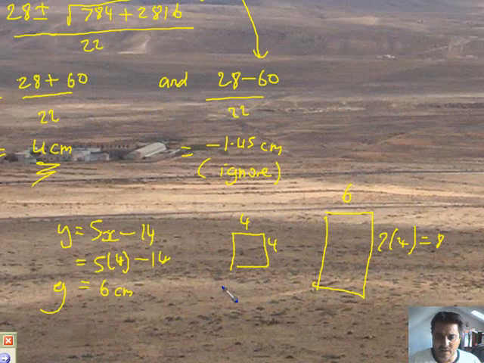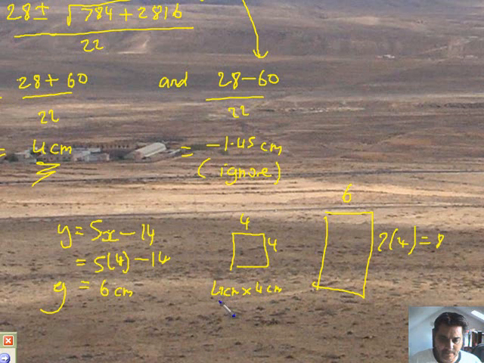So the dimensions are 4 centimetres by 4 centimetres for the square, and the rectangle is going to be 6 centimetres by 8 centimetres. And I'll stop the video.